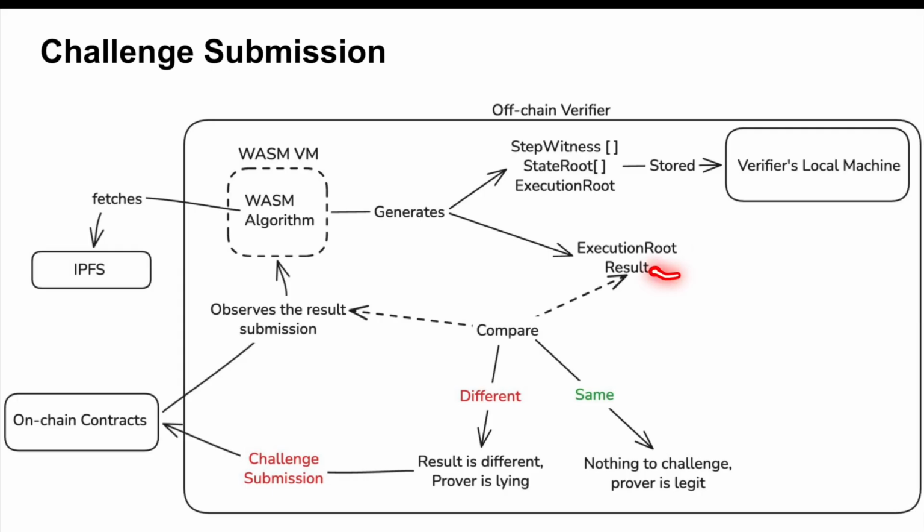Then when he gets the result of this algorithm, he compares it with the observed result. If it's the same, which is the good path, there's nothing to challenge. He knows the prover is legit and made a legit submission. If it's different, he thinks the prover must be lying. If not, he is lying, you know? So he creates a challenge.